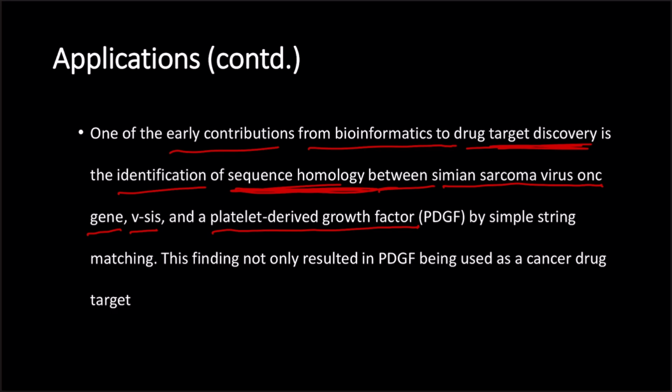Because of this finding, we got to know that the simian sarcoma virus gene has a structure very similar to platelet derived growth factor. So we know the structure of this gene because we know the structure of platelet derived growth factor, and as a result we can develop drugs against this virus. So this was one more area where bioinformatics has helped in drug discovery.